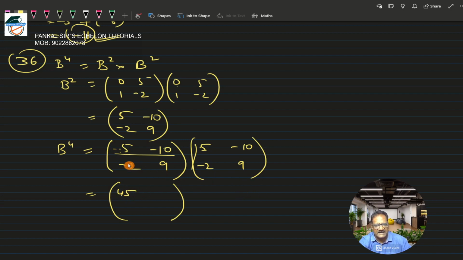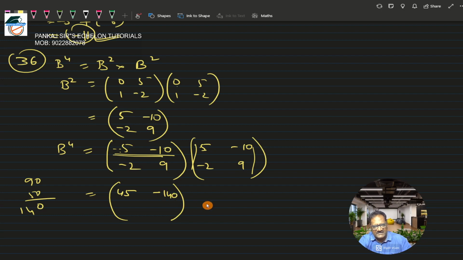Done. Okay. Now first row and second column. So 5 into minus 10 is minus 50, and this is minus 90. Minus 50 and minus 90 will be minus, and then 90 plus 50 is how much? 9, 10, 140.